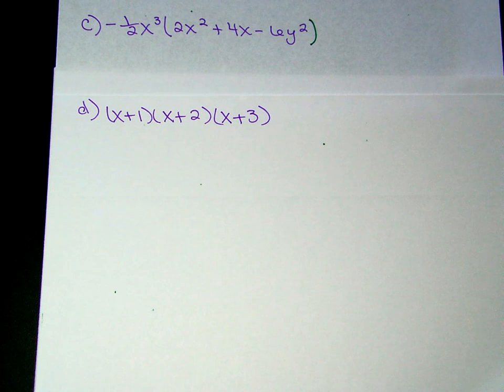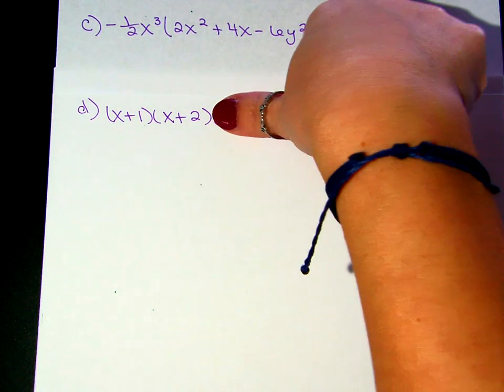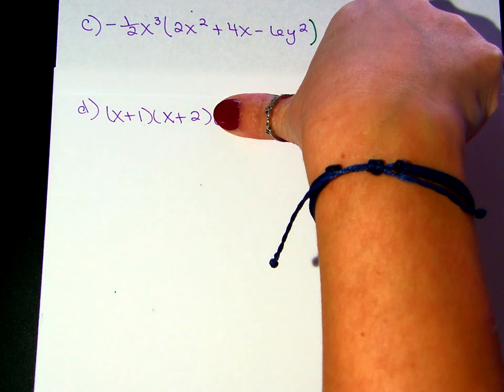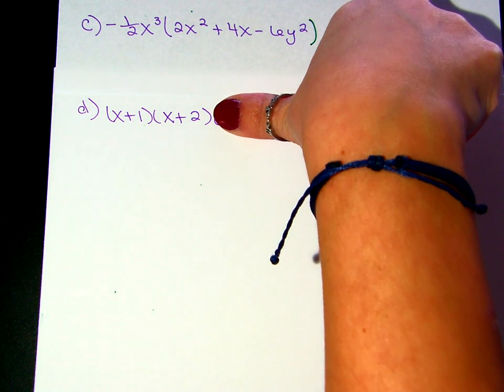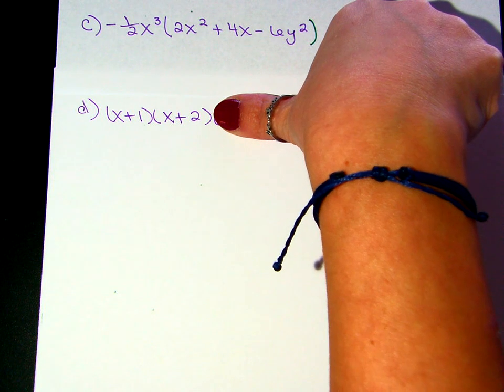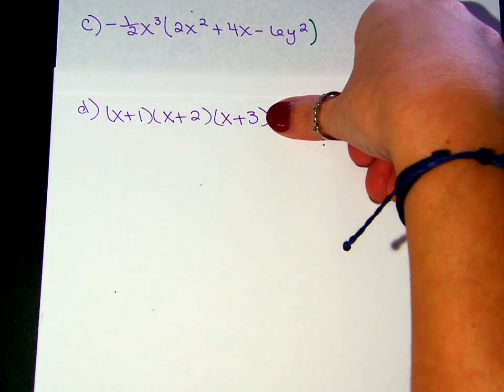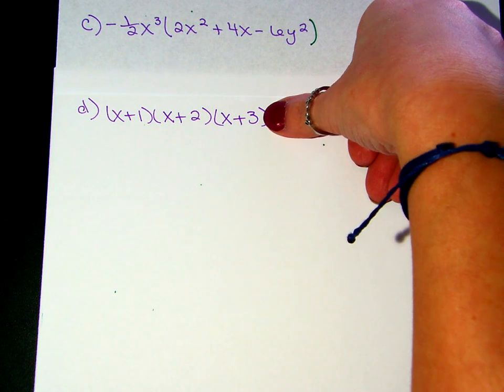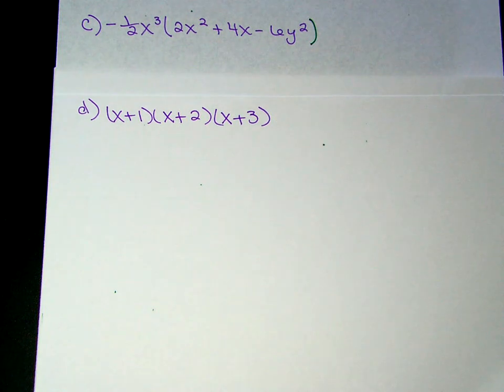So we have a binomial times a binomial times a binomial. If I only had these first two, what would we do? We'd FOIL. That is exactly what we're going to do. We're going to FOIL, and then we're going to use the processes of distribution that we just did to distribute the second binomial inside. So the first thing we're going to do is look just at these two, and we're going to FOIL them.